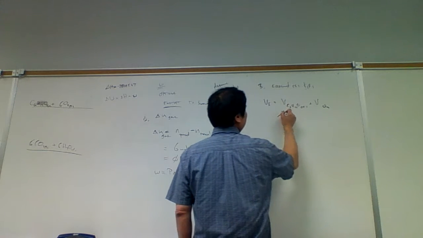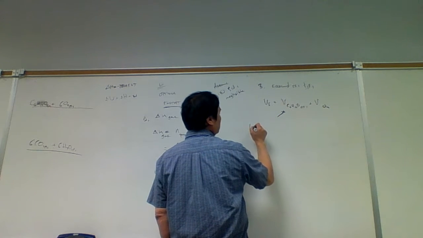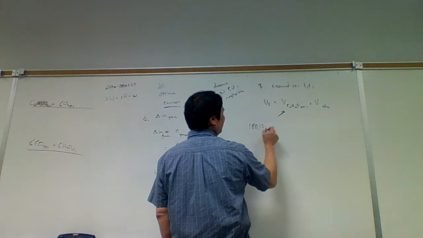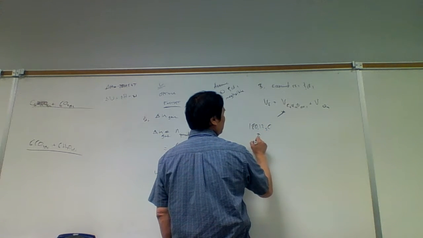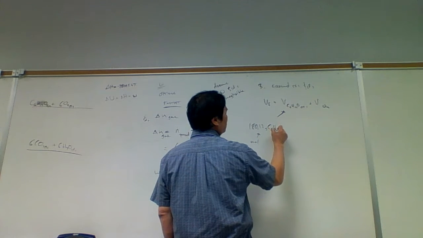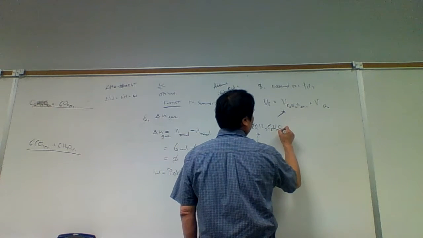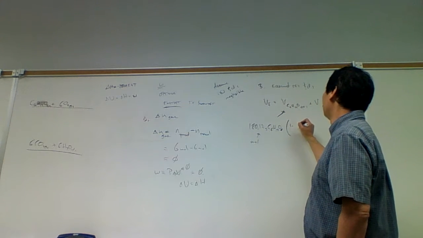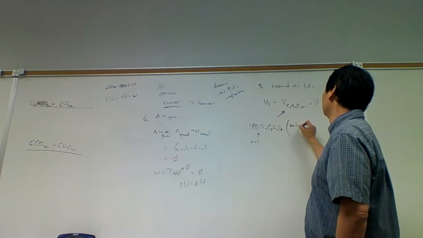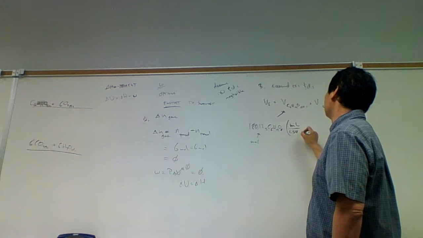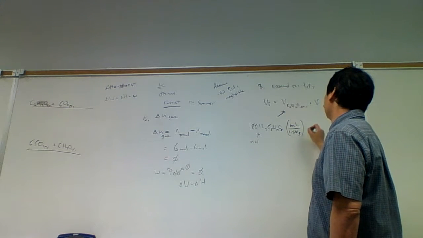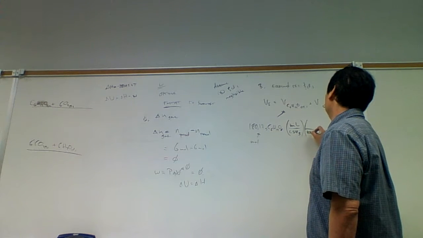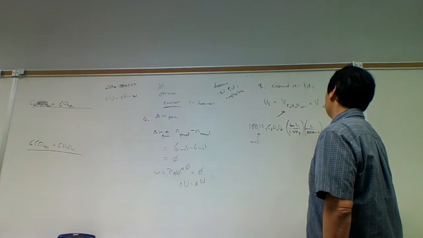The volume of C6H12O6 solid: 180.12 grams is a mole of C6H12O6, and the density is 1.54 grams per milliliter at 25 degrees C. Then we'll convert it to liters, so 1,000 milliliters per liter.